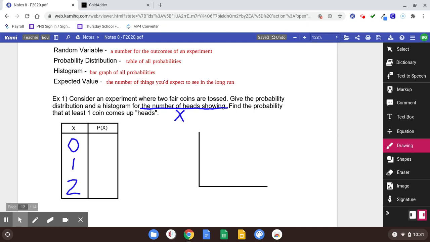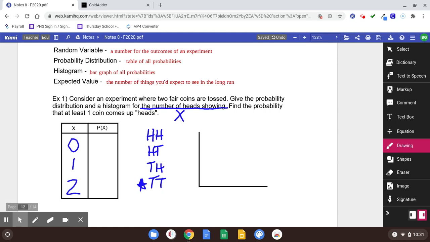So then think about the probability. When you flip 2 coins, you're either going to get heads and heads, heads and tails, tails and heads, or tails and tails. That's really all that can happen. So if you think about it, the number of heads showing, if there are 0, that's like if both of them are tails. So what's the probability of that situation?